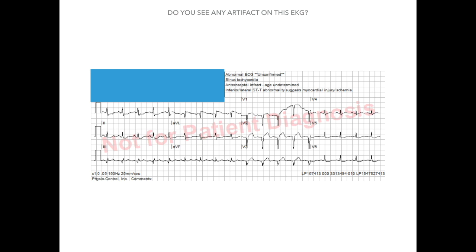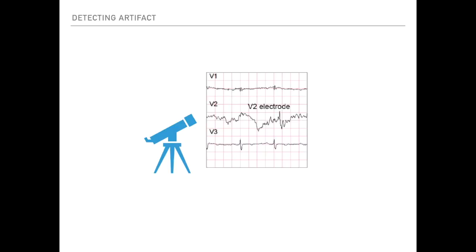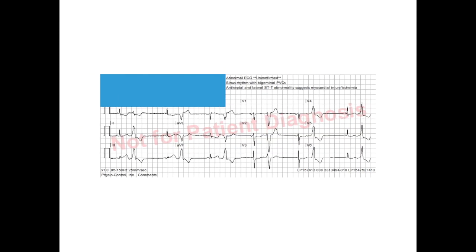But if you look in between the complexes, you can see a pretty clean baseline without much artifact. So the line is relatively flat and relatively straight. And if you compare it to this one in the previous slide, you can clearly see the difference in what an EKG looks like with artifact and what one looks like without.